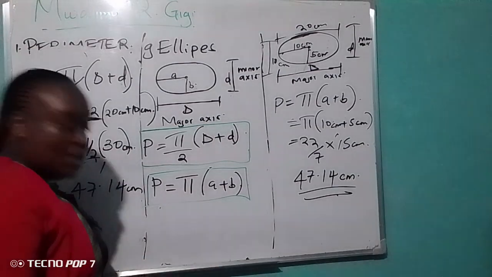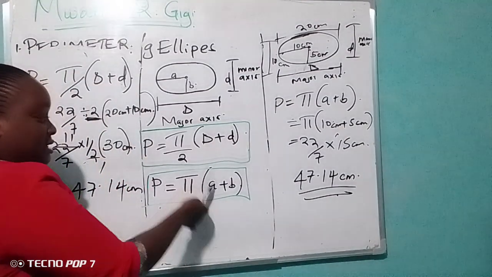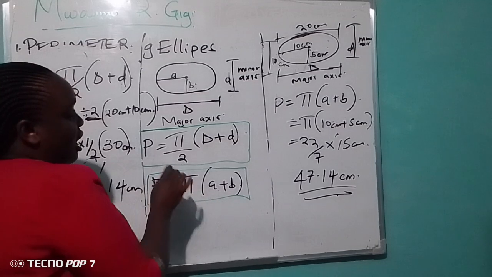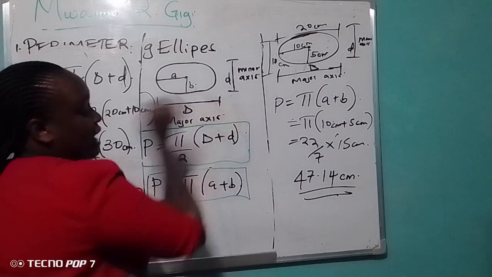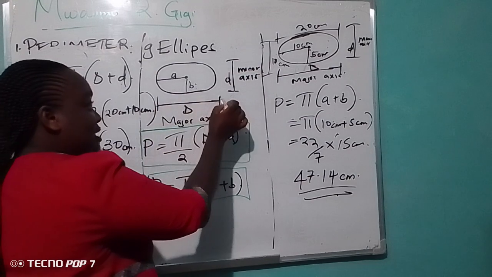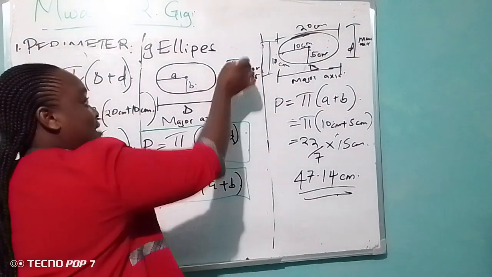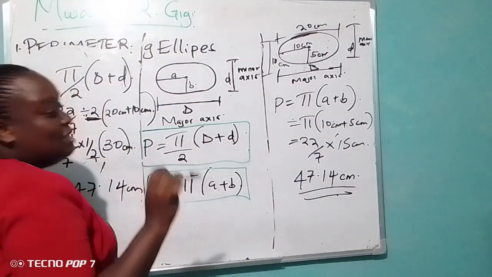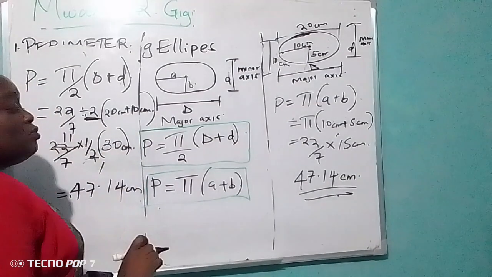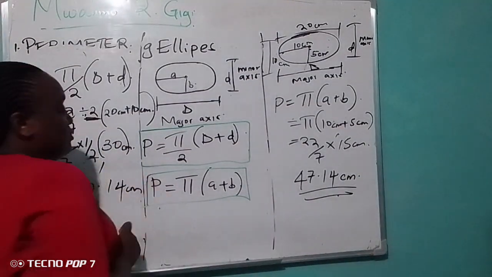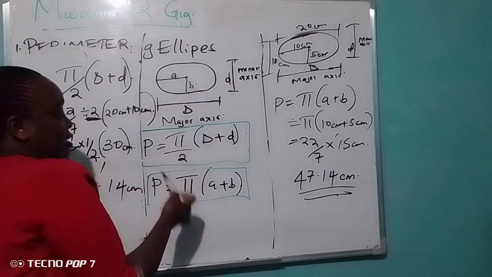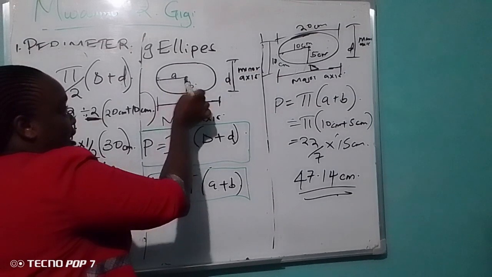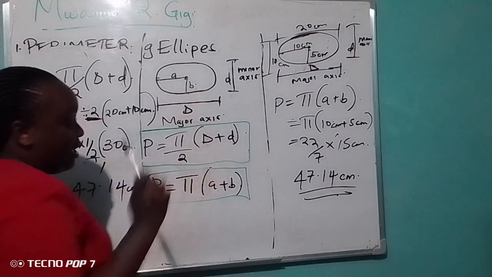The difference is, in this case we are using the diameter. Diameter of the major axis plus diameter of the minor axis. That's why we divide pi divided by 2. Then in this case we use the radius, which is a plus b. So a plus b times pi.